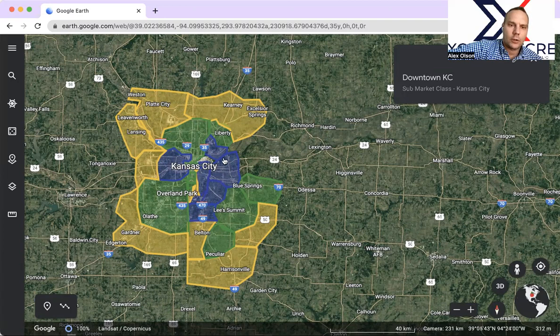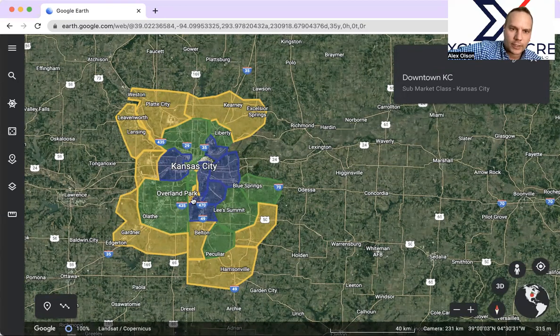But in general, the C markets are in this eastern side of Kansas City proper and Independence, Raytown, down here in Grandview, most of Kansas City, Kansas, in Wyandotte County. That's the C markets. They're going to have the most value. There's gentrifying areas in all of those.